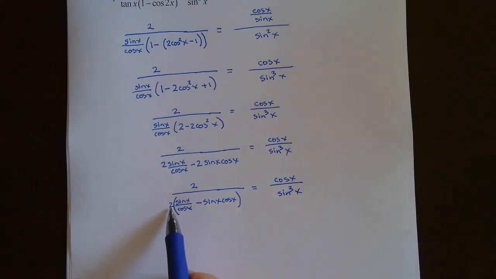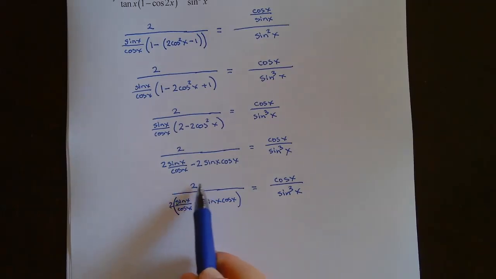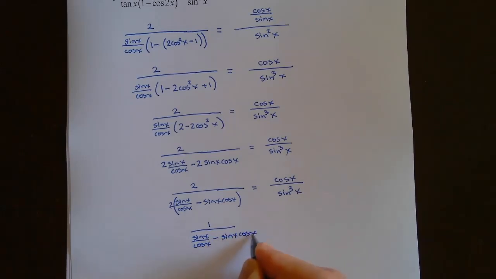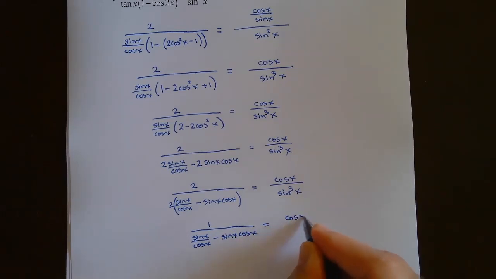So now this 2, because this is a product, 2 times all of this, and this is also a product, 2 times 1, the 2's are going to cancel, and I'm left with 1 over sine of x over cosine of x minus sine x cosine of x equals cosine of x over sine cubed x.